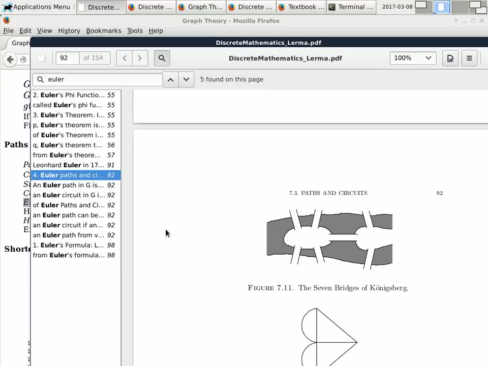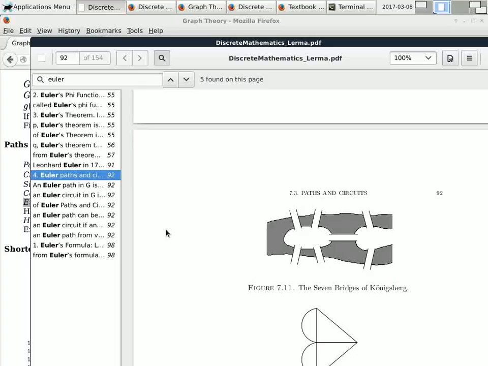You have a circuit in which you traverse every edge only once. I think that no one did it. This was just a joke.